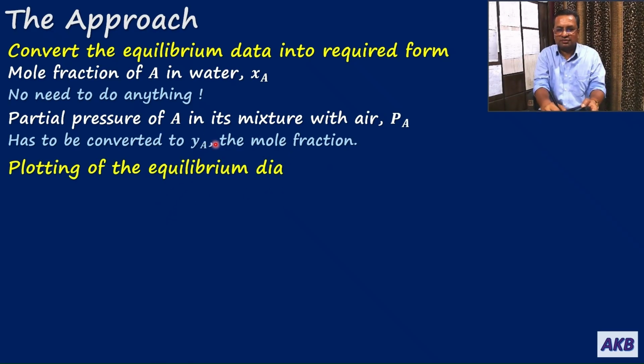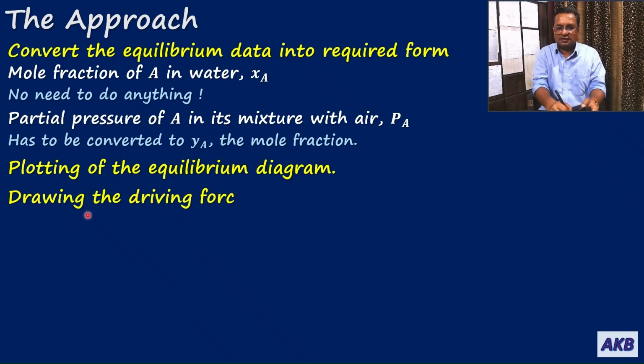After we convert that data into the required form, we will be plotting the equilibrium diagram by using the converted equilibrium data. Then we will be plotting the driving force line.